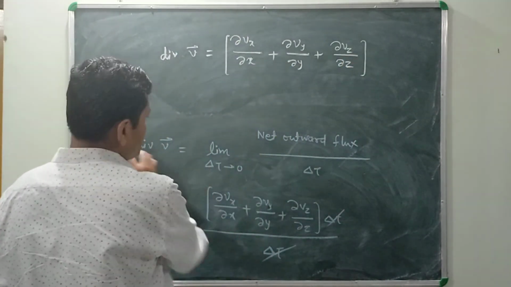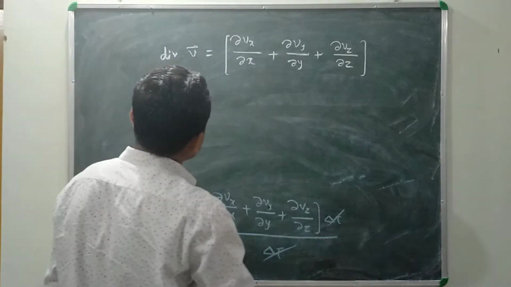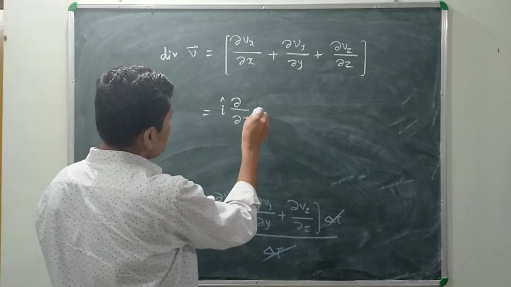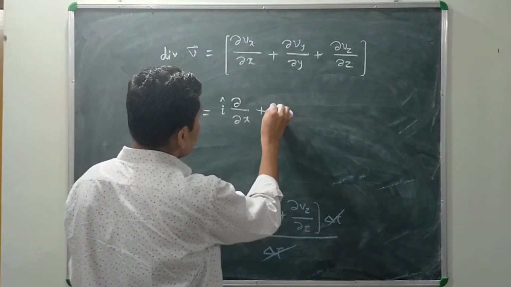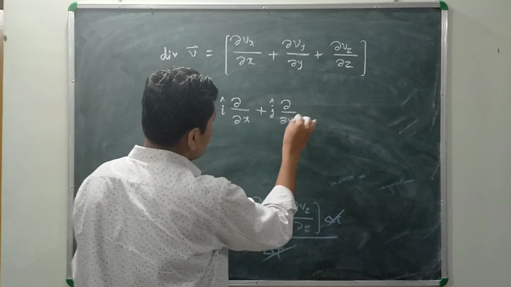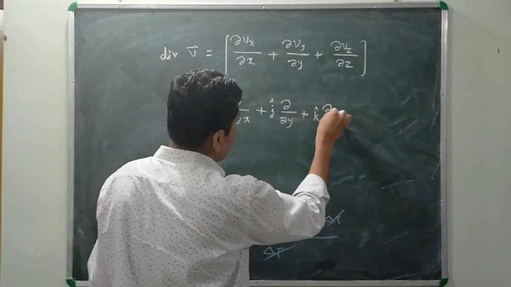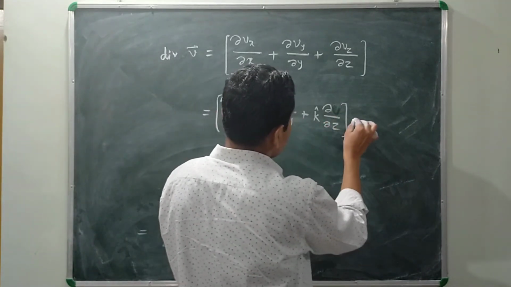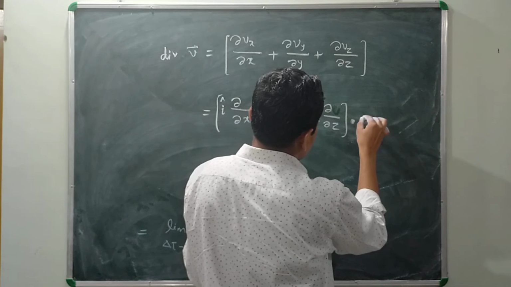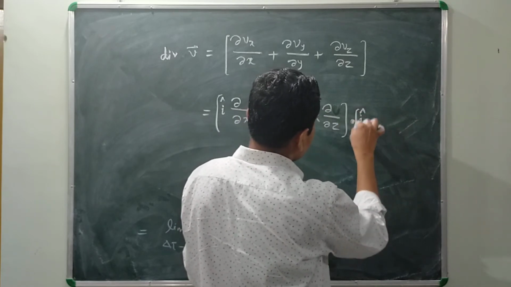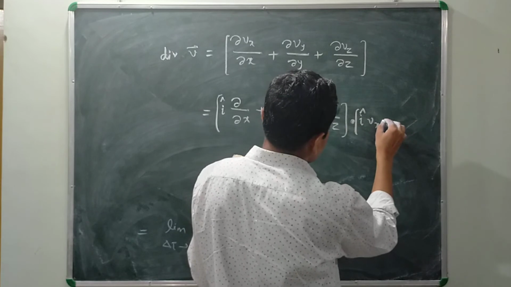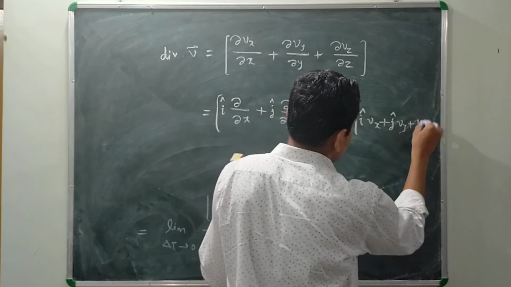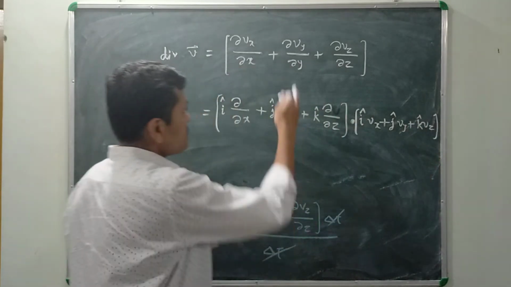And this may be written as (i cap ∂/∂x plus j cap ∂/∂y plus k cap ∂/∂z) dot (i cap Vx plus j cap Vy plus k cap Vz).